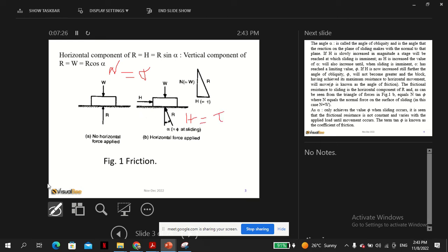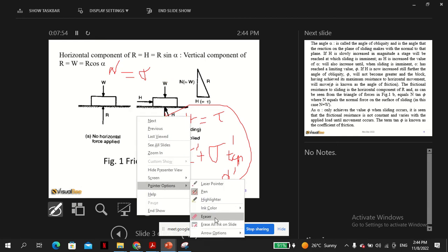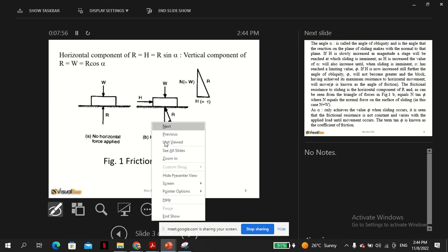For those of you that remember, we had already established that tau equals c plus sigma tan phi prime. So this phi is this angle that we're talking about here. That's the phi. Sigma is the weight, and c is a constant of material property.